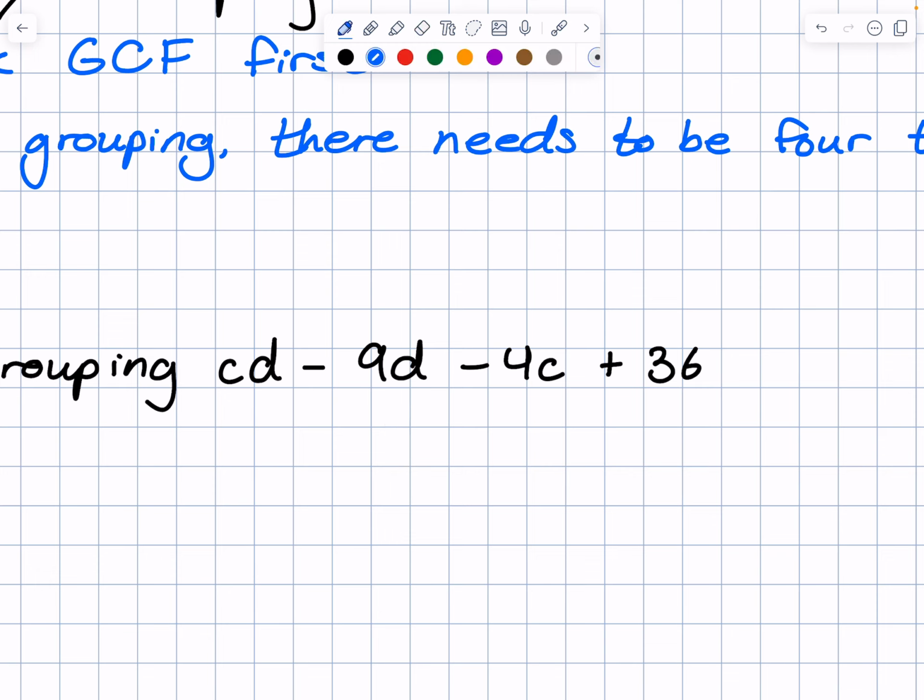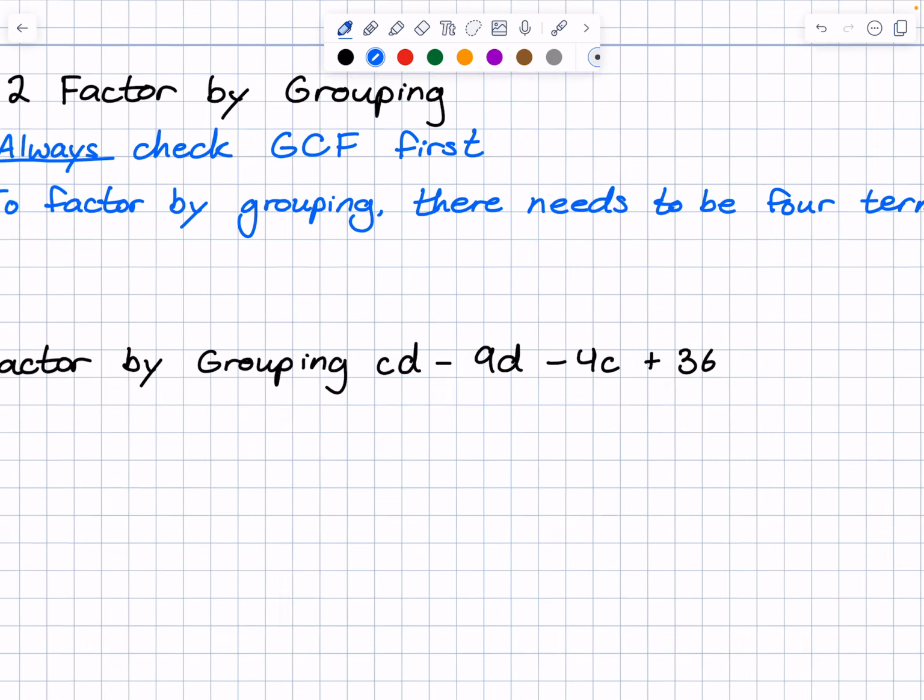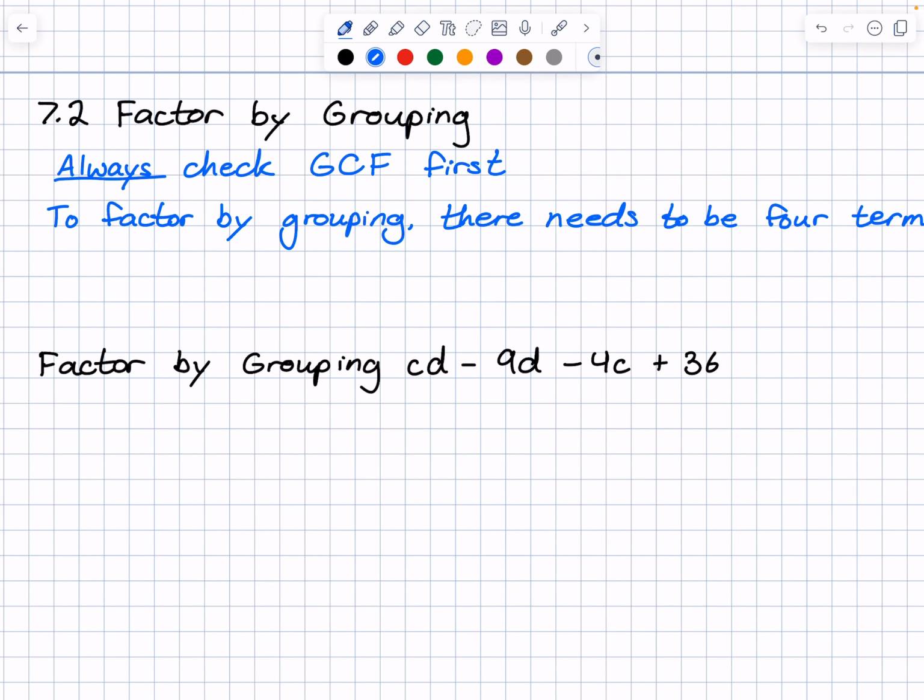You might say, what about D? Well, this one doesn't have a D, and this one doesn't have a D, so they don't all have a D in common. So in conclusion, they have no numbers in common, they have no letters in common, so they have nothing in common. That means the GCF, the greatest common factor, would be 1, so it does nothing to take it out. So we checked it. They have nothing in common.